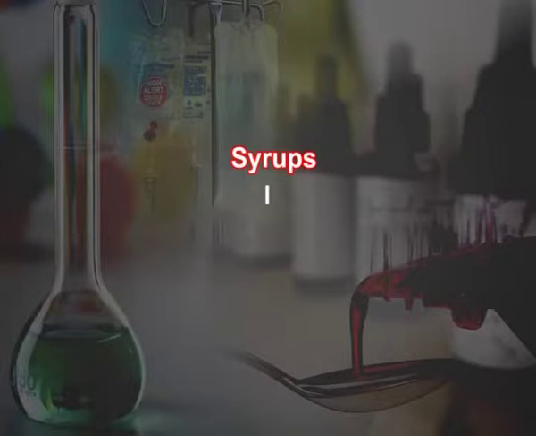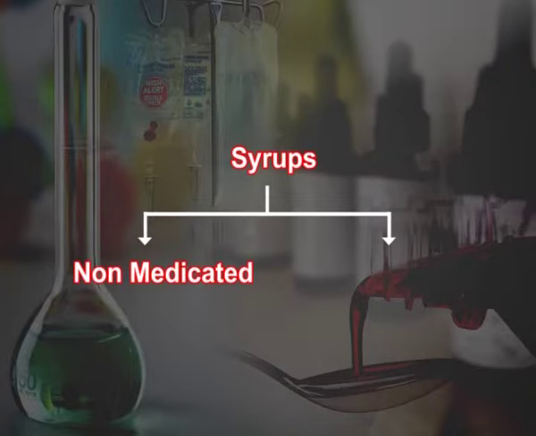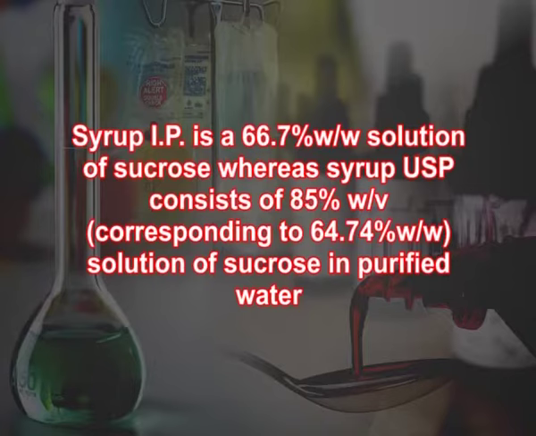Thus, two types of syrups: non-medicated and medicated syrups. Syrup IP is a 66.7% weight by weight solution of sucrose, whereas syrup USP consists of 85% weight by volume, corresponding to 64.74% weight by weight solution of sucrose in purified water. Both the concentrations give stable syrups, resistant to microbial growth.